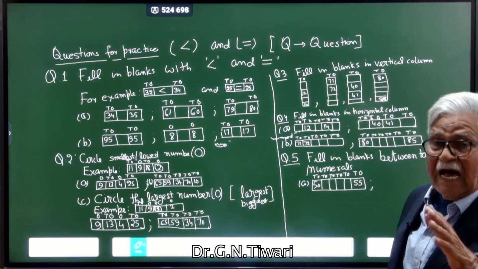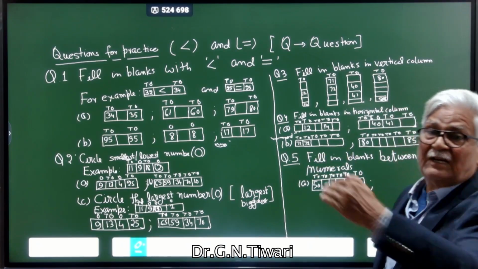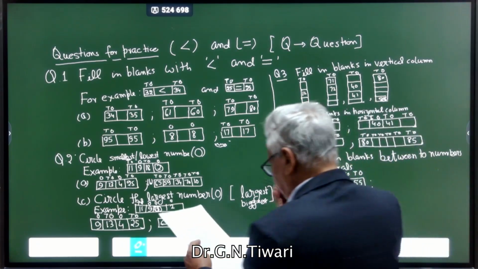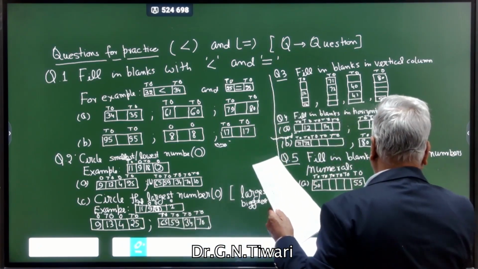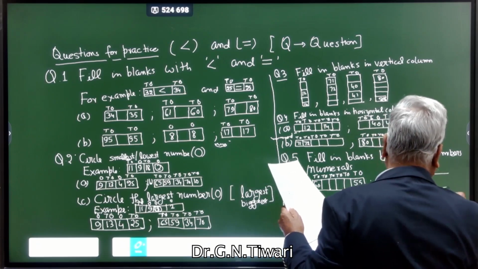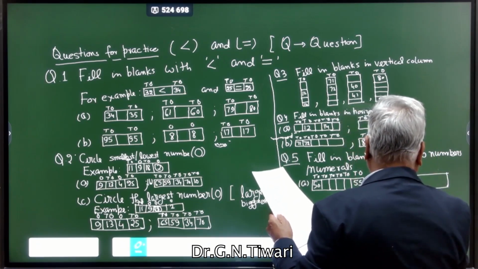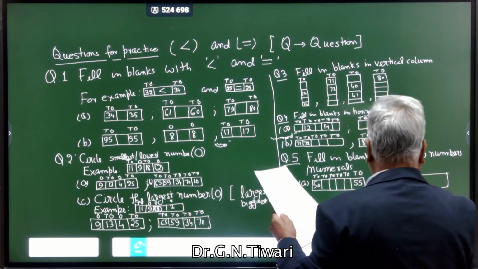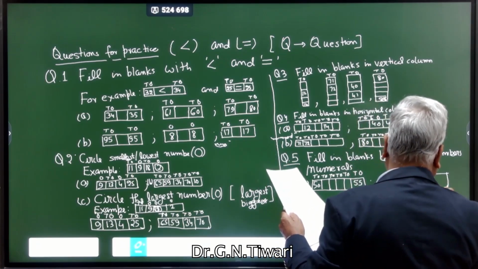So once he learns to write OT, it gets practice till 8th class. Now, another example I am giving you. 71, 1, 2, 3, 4, 5.